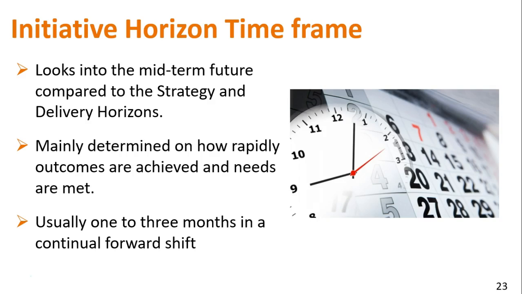In general, we think of the initiative horizon in terms of a couple of months. The long-term strategy horizon tends to be at the many months, years level, whereas initiatives, particularly if we're dealing with agile, where we're delivering on shorter time frames, you're probably talking about 1 to 3 months.